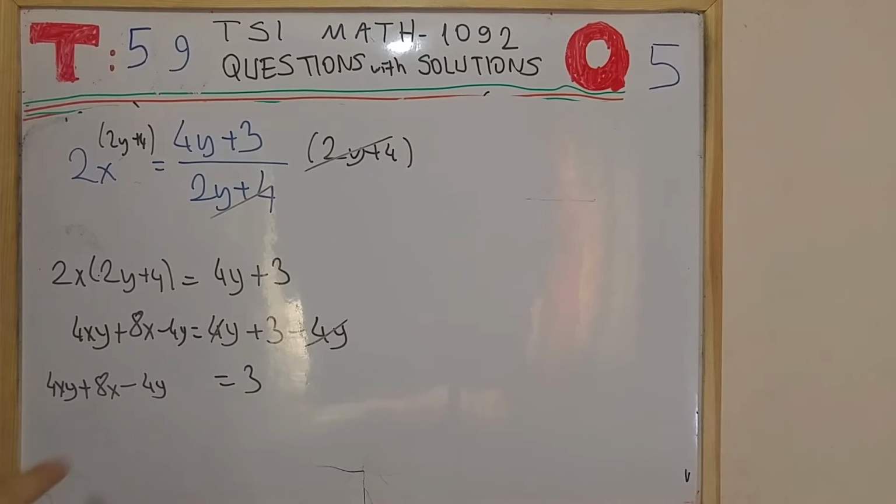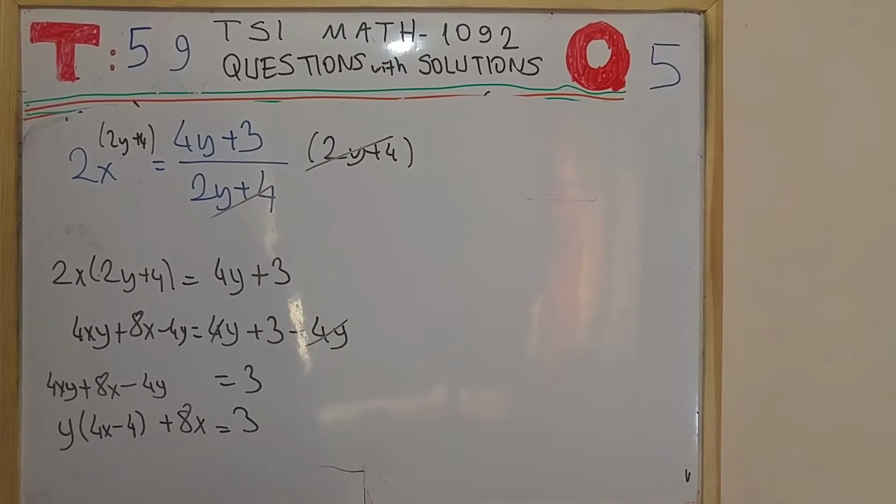When I take this into the parentheses of y, I have y times (4x minus 4 plus 8x), which will be equal to 3.